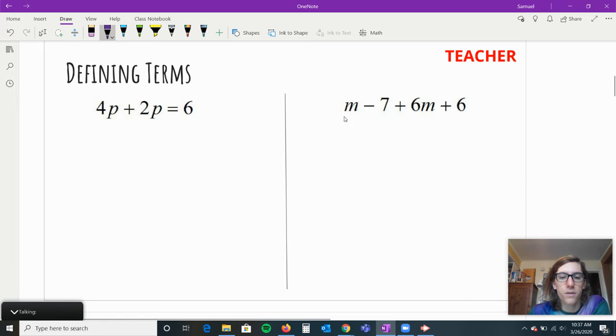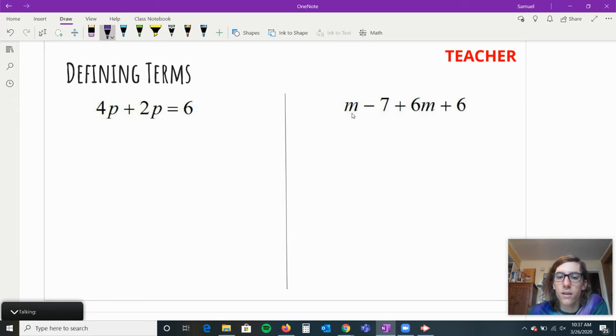Okay, if we're talking about terms, any term is a number separated by an addition symbol or a subtraction symbol. Okay, so we've got two terms here, right? We've got a 4p term, a 2p term, a 6.